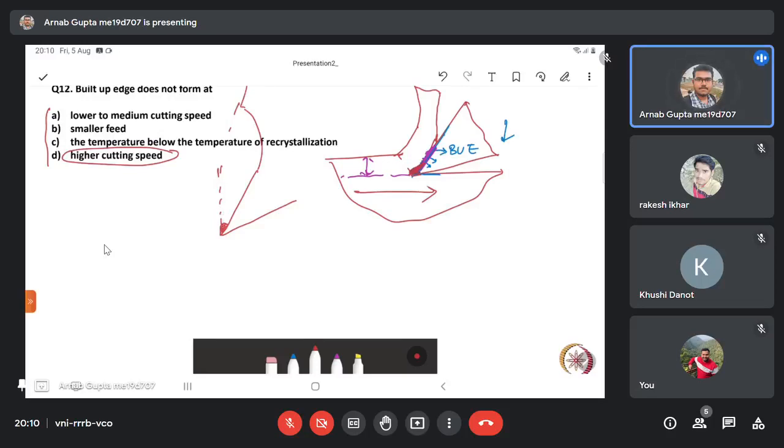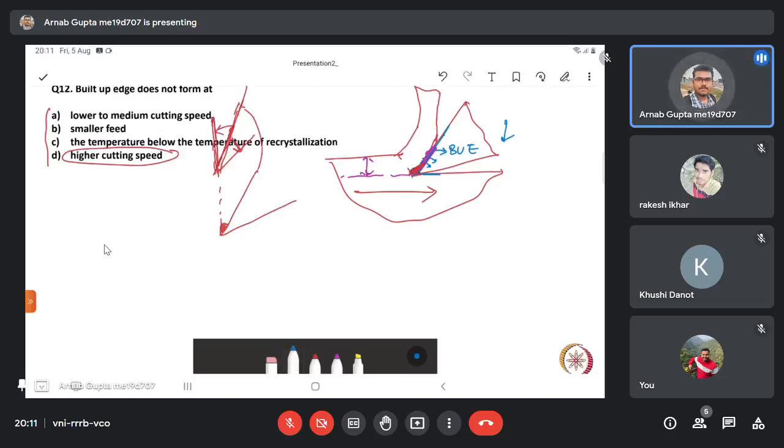So initially you have a positive rake angle. Now you have a negative rake angle, so that increases the cutting forces and it increases power.